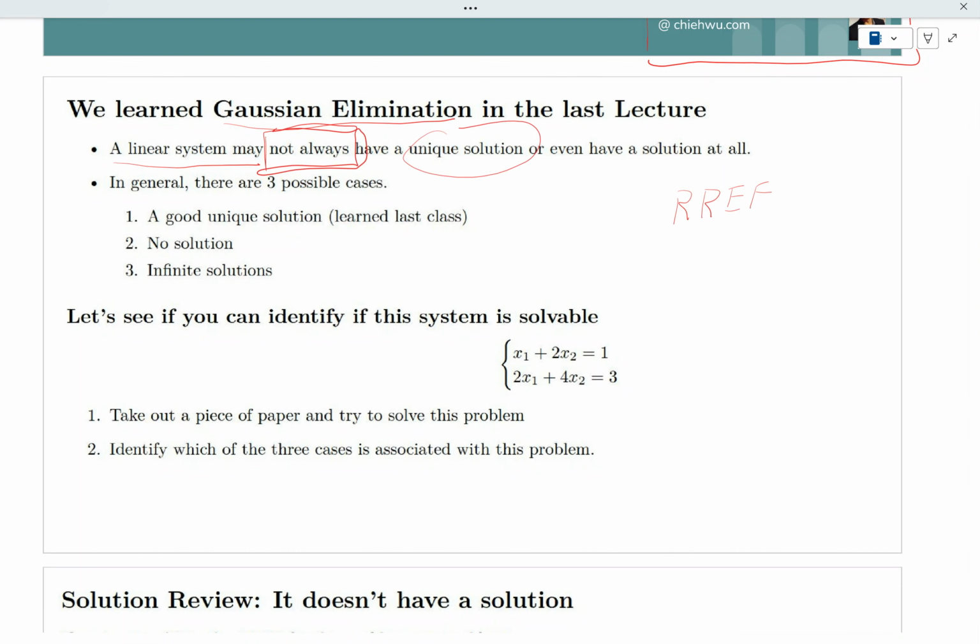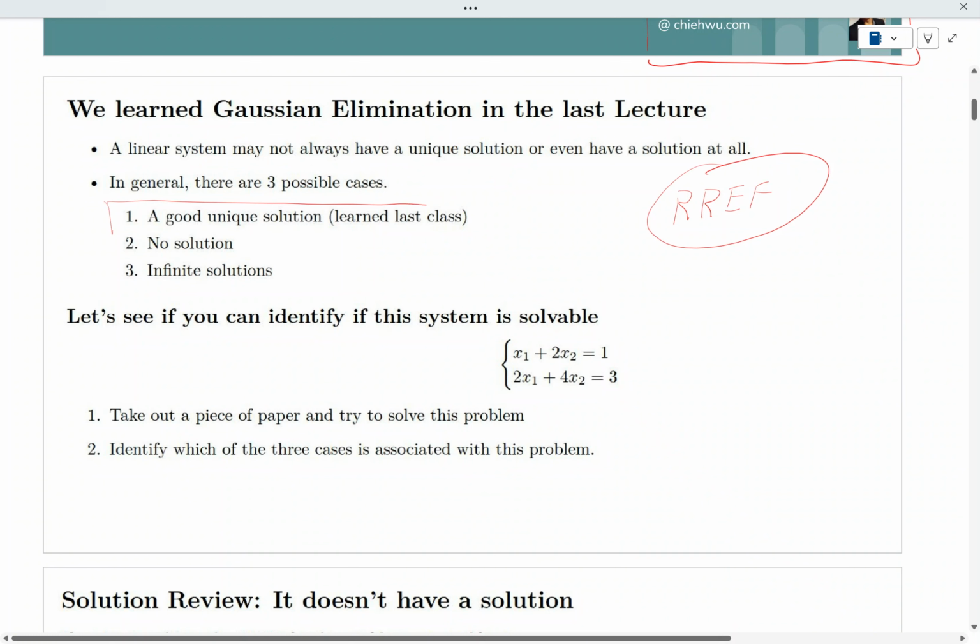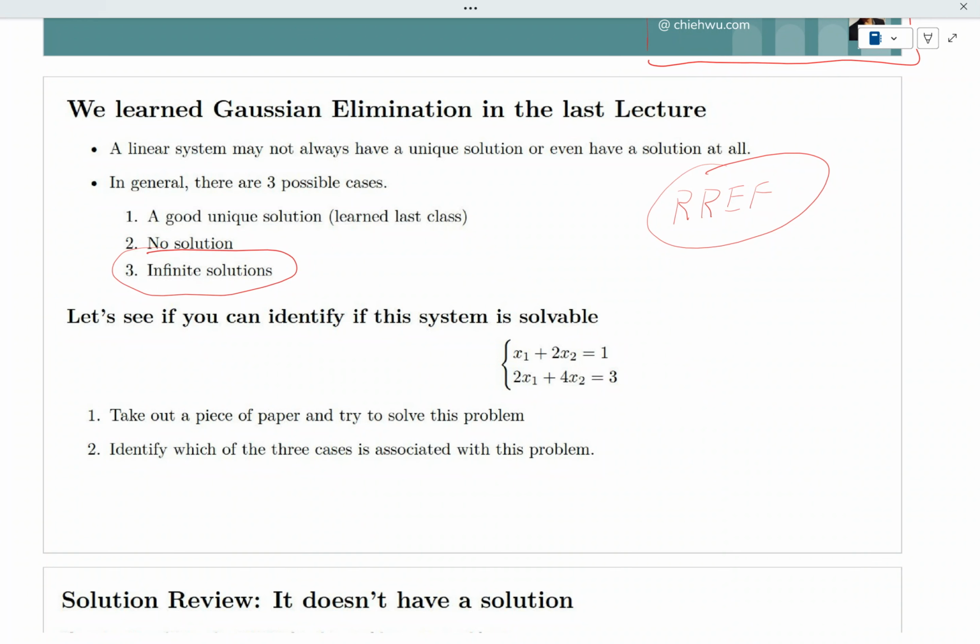We saw last time that once we reach REF, maybe we don't have a solution. In fact, in general, there are three possible cases. The first case is what we saw last time: there is a solution. However, there are cases where no solution is possible, where we have contradictory statements, for example, or we have infinite solutions. So there are many solutions in those cases.